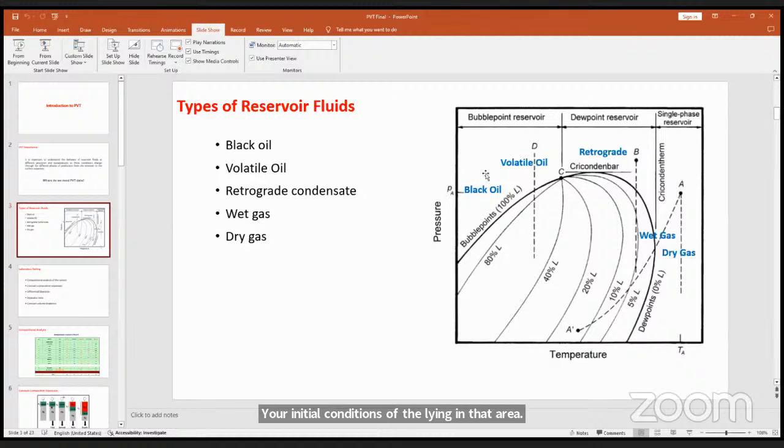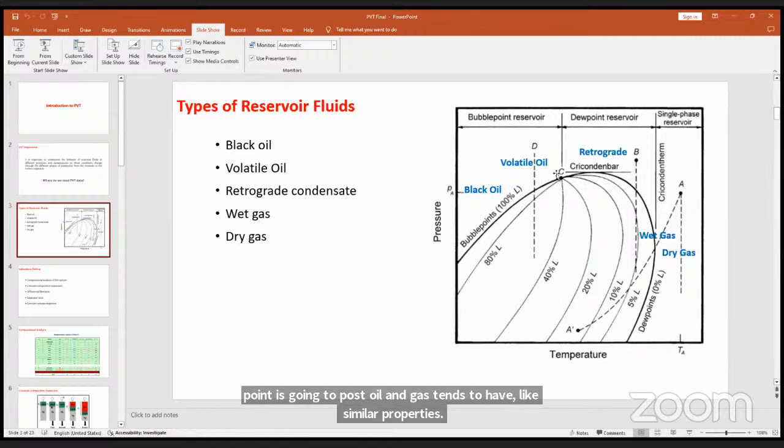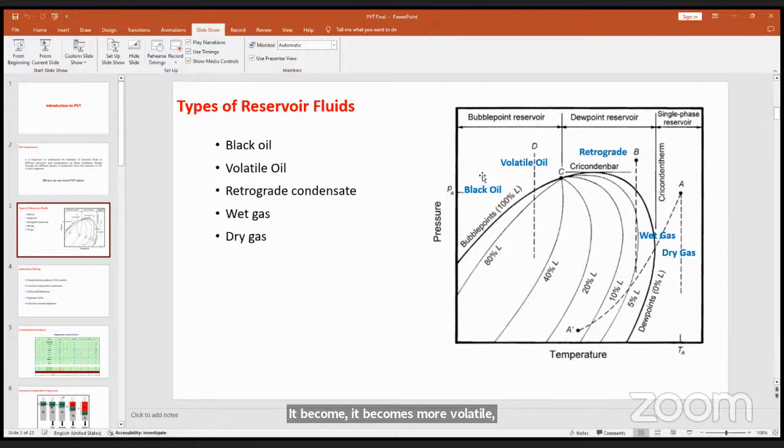You see, this is called the critical point. The critical point is a point where both oil and gas tend to have similar properties. As oil approaches the critical point, it becomes more volatile, which means it has higher gas content and a higher shrinkage factor.